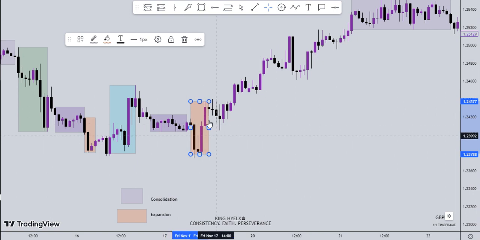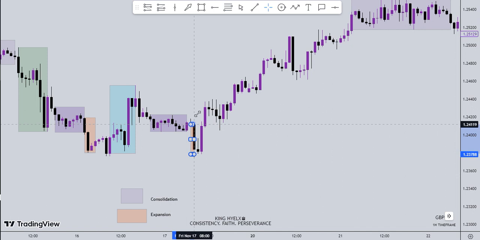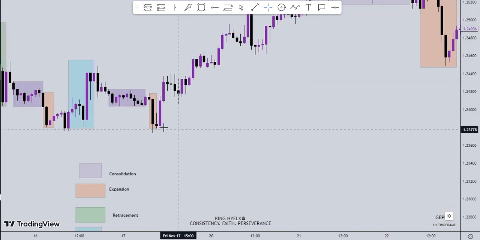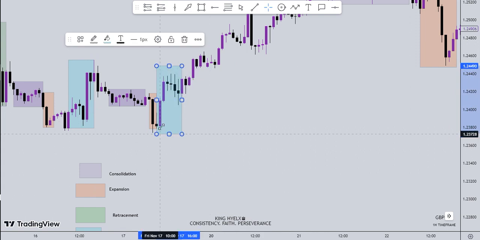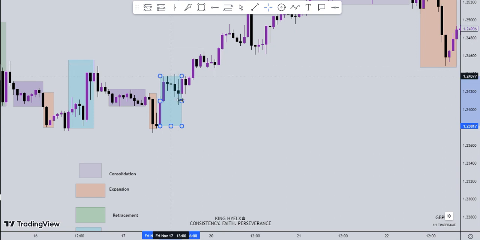Okay, so look at something over here. This was actually the expansion, right? This was the expansion, and then instead of a retracement into this recently created price range, what do we have? A reversal. So over time your eyes will be able to recognize all these things, right? So this is our reversal, right?